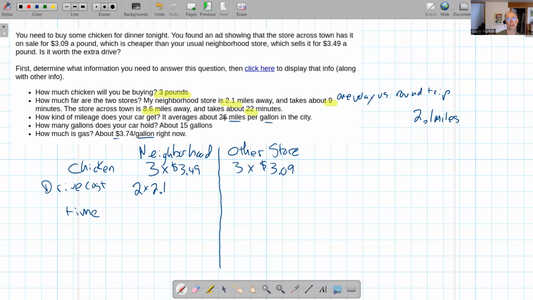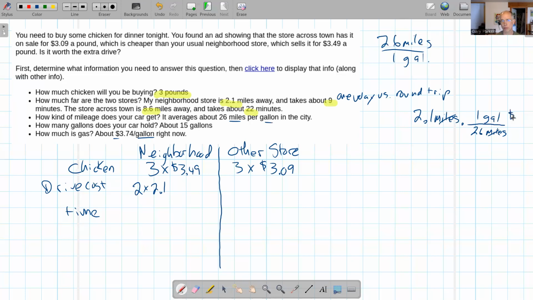Okay, so for the 26 miles per gallon, that would be 26 miles divided by 1 gallon. And we are going to flip that to use it here because we want to get rid of miles. We want the 26 miles to go below and the 1 gallon to go above. That'll get rid of miles, and then I can use the dollars per gallon to figure out what that's going to cost.